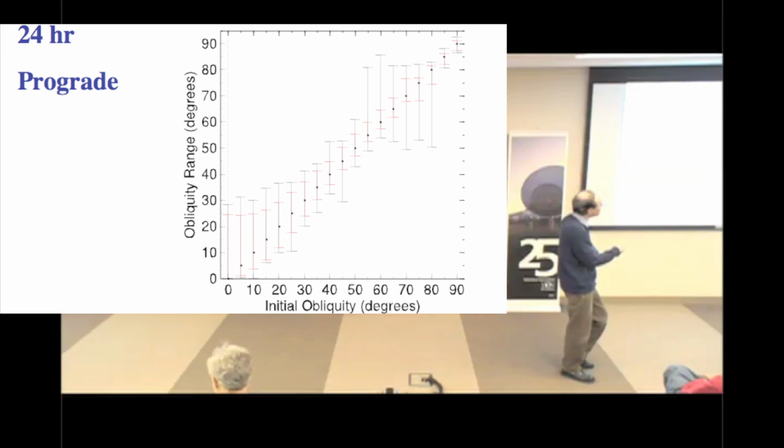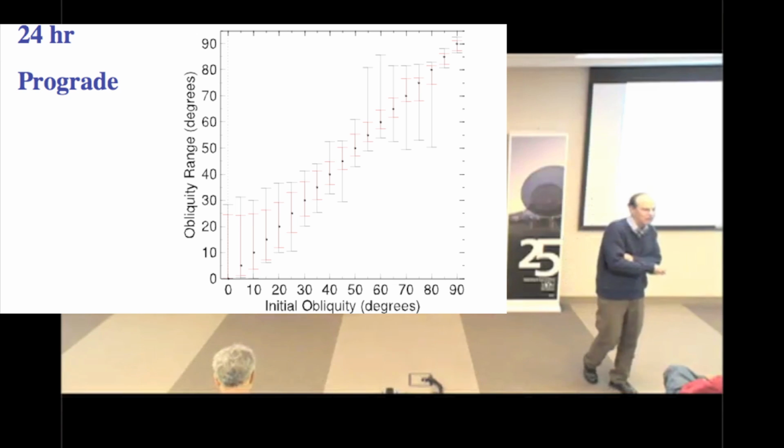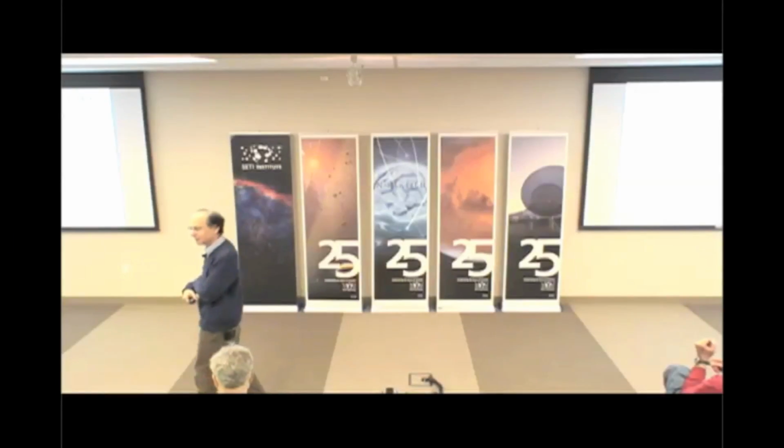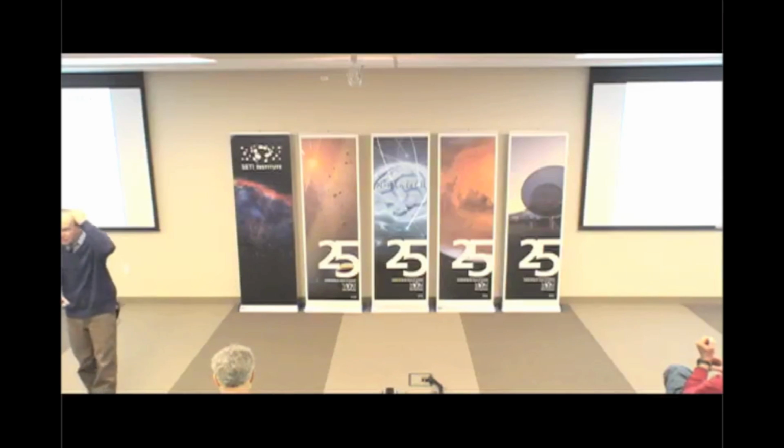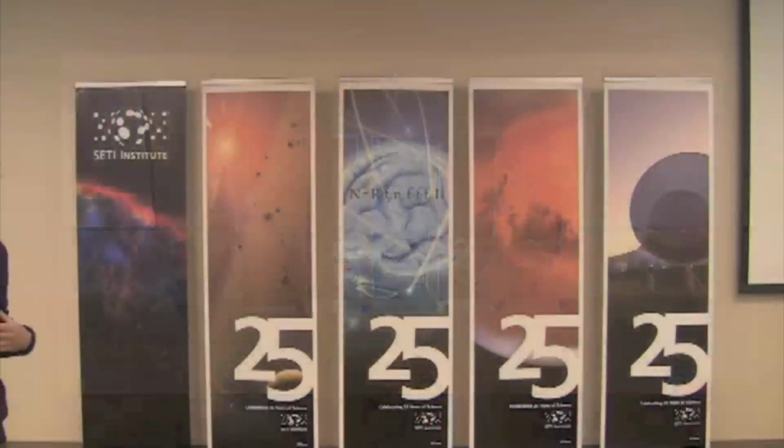Some of them are a little higher, some of them are a little lower. 20 degrees is large compared to the actual variations of 2.6 degrees that we have with the moon, but it's very small compared to that 85-degree range that's allowed and that probably would be occurring if we did these integrations not for 500 million years, but for 500 billion years.